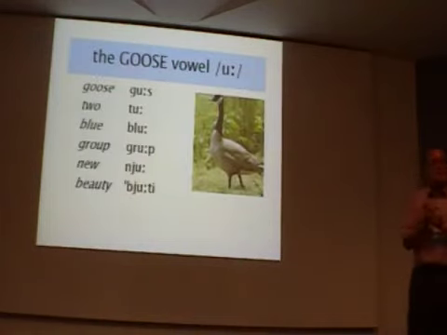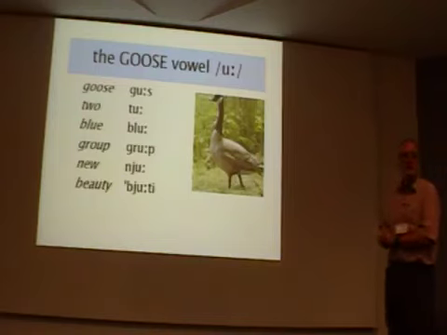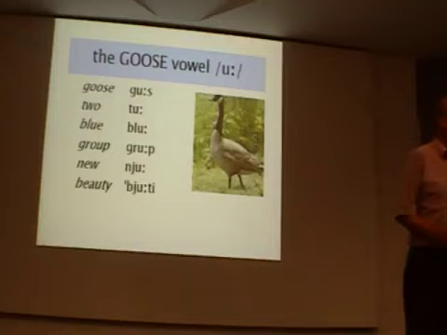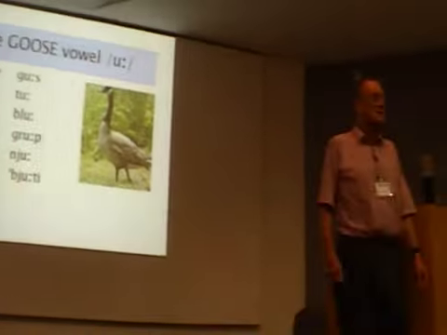Alright, now finally we get on to the oo group. Oo, goose, two, blue, group, new, beauty. I'm terribly old-fashioned because you may notice that I pronounce this oo. People who are 50 years younger than me typically say oo, goose, two, blue, group, new, beauty.